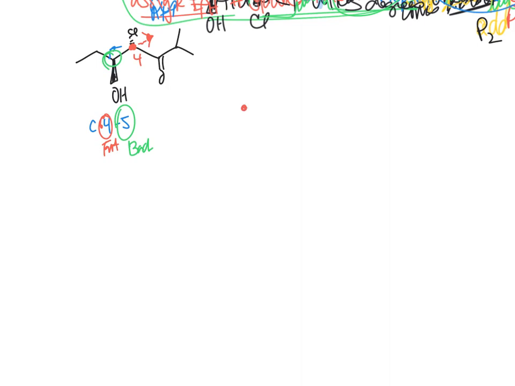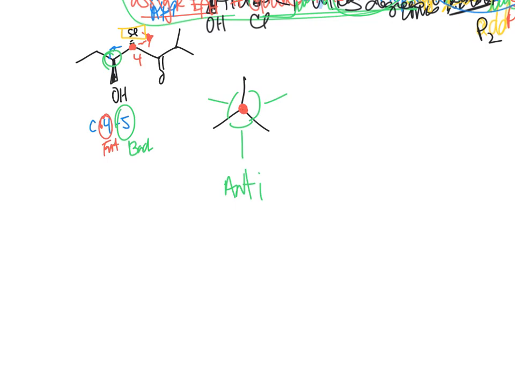So do you remember the Newman, where you have 3 things coming off there, and then your back carbon. This is the circle here. This is in our most stable Newman projection, which is your anti-staggered. And then let's look at what's coming off of 4. You have Cl.